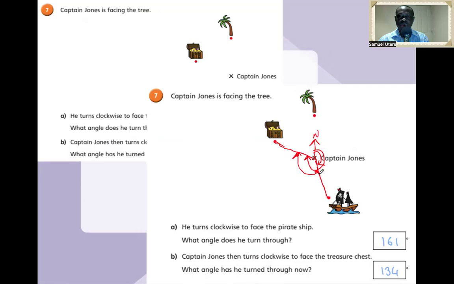So the angle you're measuring is from the pirate ship to the treasure chest, and that angle will be 134 degrees. You line the protractor crosshairs with this point, make sure the zero line of the protractor lines up with this line or that line, and then you read the scale from the zero line, using either the outside scale or the inside scale of the protractor.